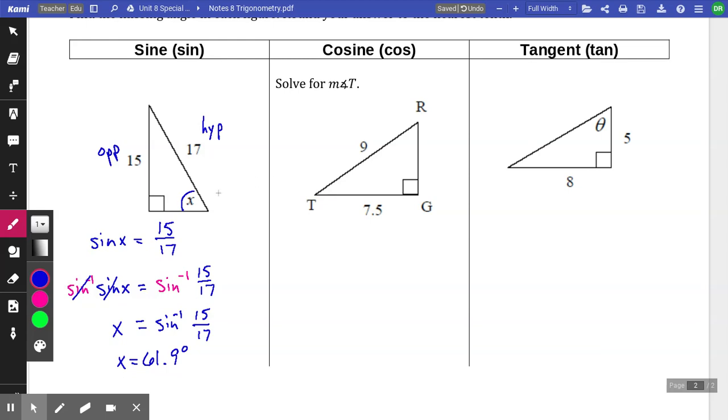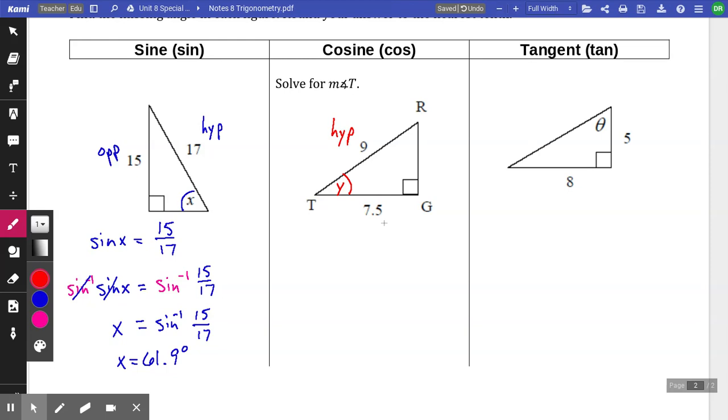Okay, so let's try this again over here for cosine. We're trying to find the measure of angle t. So what you can do here is put a variable. You can put x, you can put y, you can put whatever you want in here. So here's a variable, I'll put y. And so we want to find this angle. You notice the two sides you have: you're given the hypotenuse over here, the side across from 90 degrees.